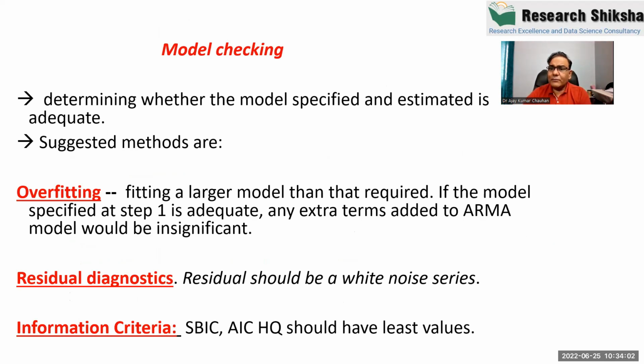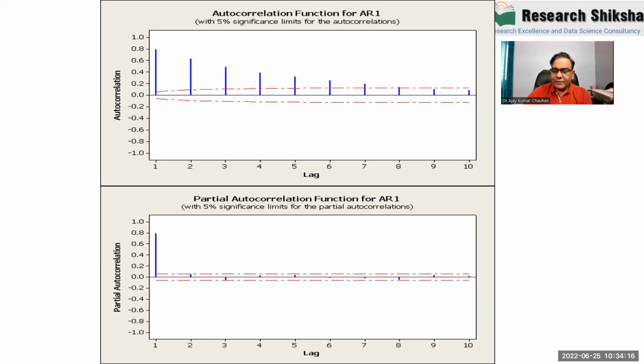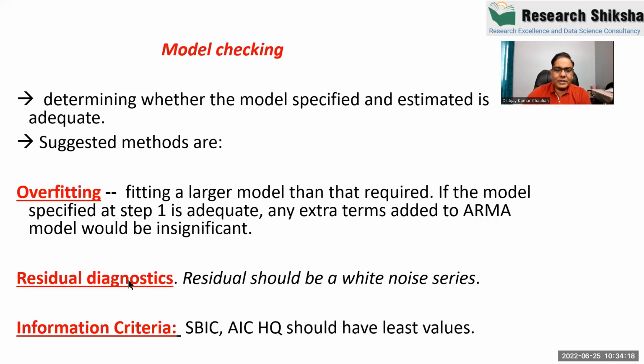So we have to check whether the residual is white noise or not. The error term should be white noise. Then we have some information criteria like AIC and BIC. These values should be minimum among all the models. I will show you how to do all these things.